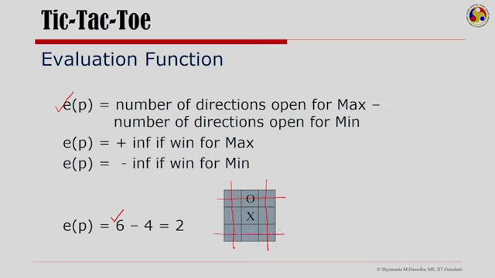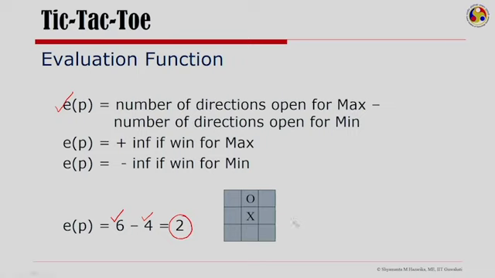So, the number of directions which are open for Min is 4, and therefore, we would evaluate this current state configuration as 2 for Max.